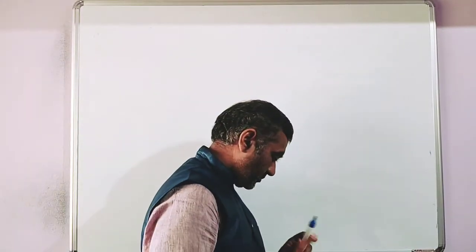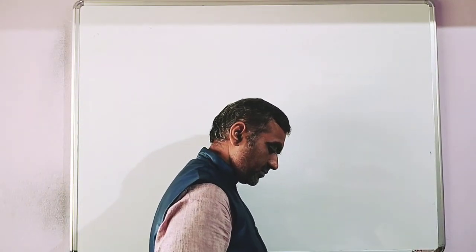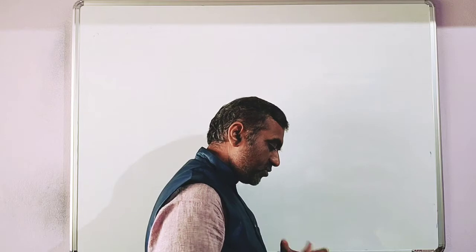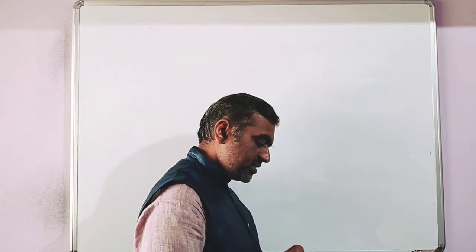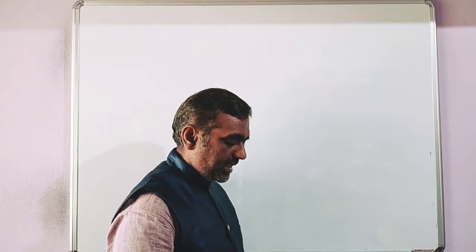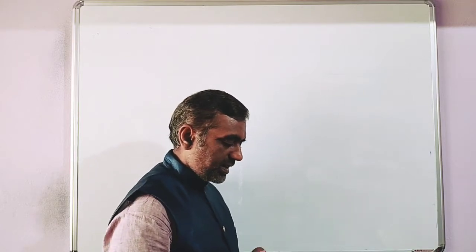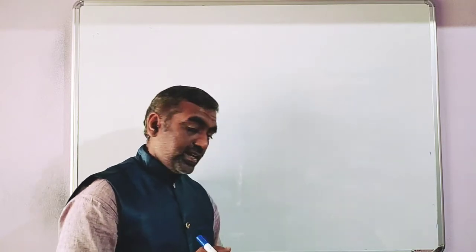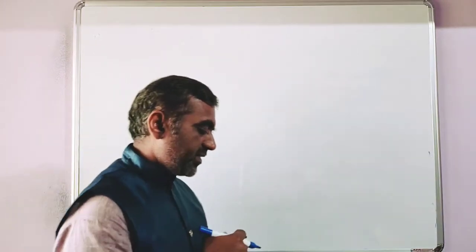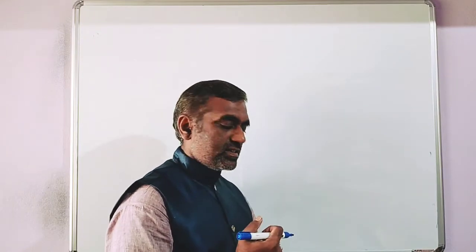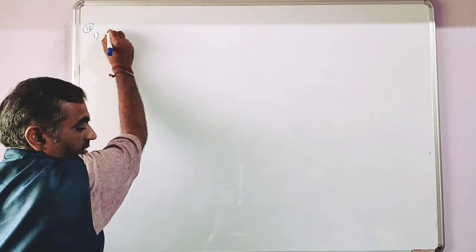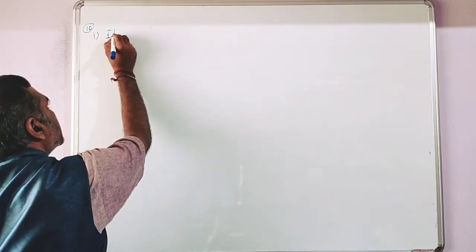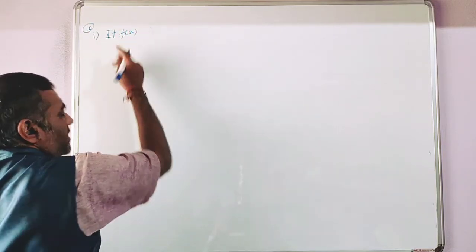Now the 10th question is like this, the first one in it. f of x is equal to square root of 2 plus sin x minus root 3 upon cos square x for x is not equal to pi by 2 is continuous at x is equal to pi by 2, then find f of pi by 2. It is continuous, we have to find f of pi by 2.